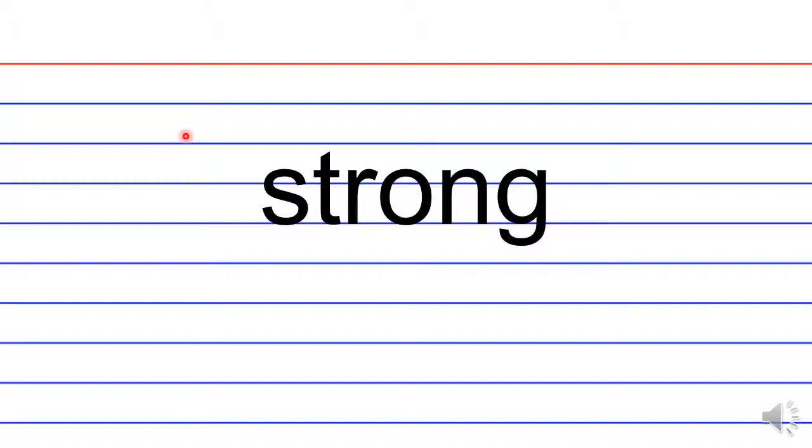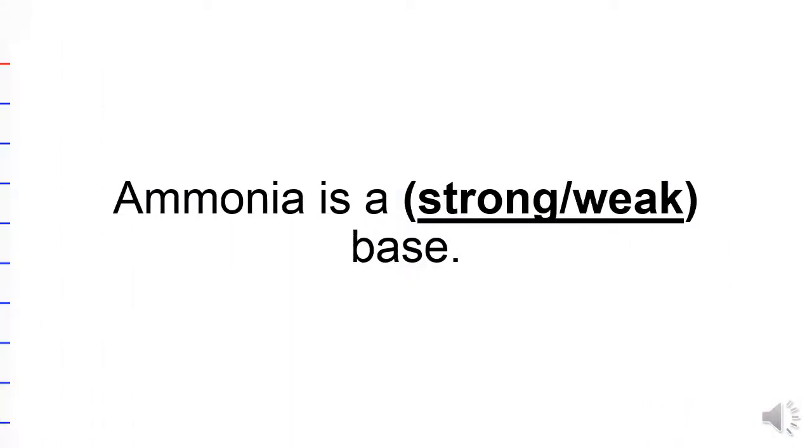That makes sense: if it dissociates a lot and you have a large Ka, it would make sense that it's strong, because remember the Ka is the acid dissociation constant.